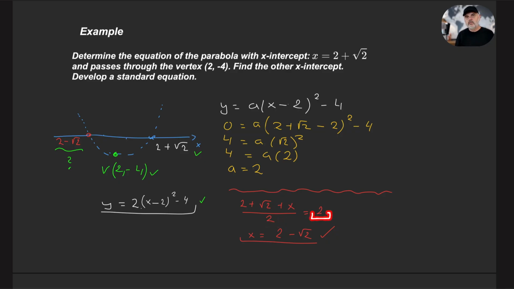So we let this be equal to 2, then cross multiply, make it 4, move 2 plus root 2 to the other side, and bingo, you have the second root of that equation. You can also find it by using the quadratic formula. It doesn't really matter the way you solve it, as long as you utilize any of the skills that you already have from learning about quadratics.